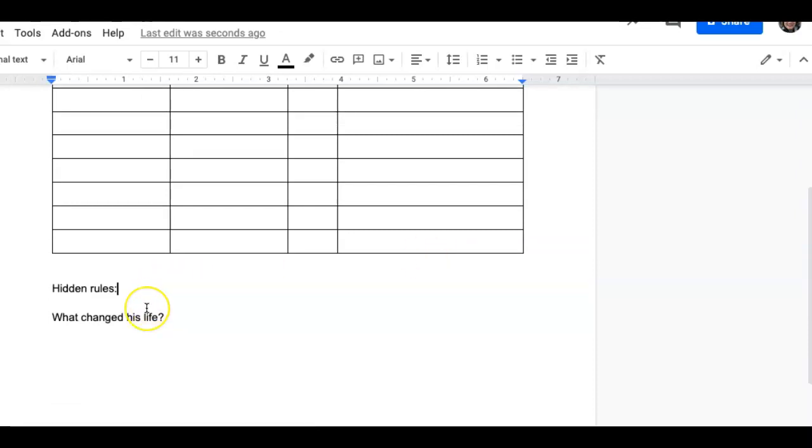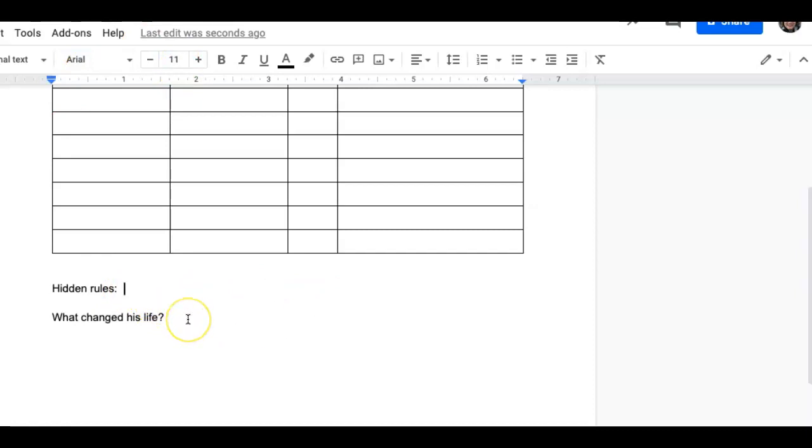And then come down here and ask, what were some hidden rules that you saw in the content materials? So for example, he uses humor as deflection, or your values in personality and storytelling, things along those lines. What were some of those hidden rules that you saw?